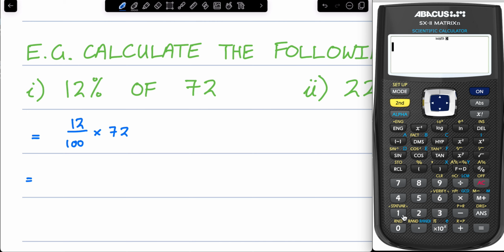So it'll be 12 over 100 times 72, my apologies. That gives us 8.64. So that's the first way. We think of it as a fraction over 100.